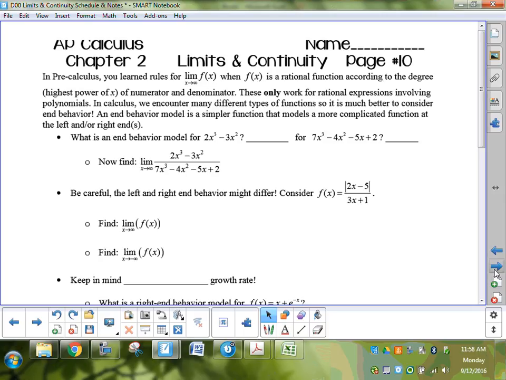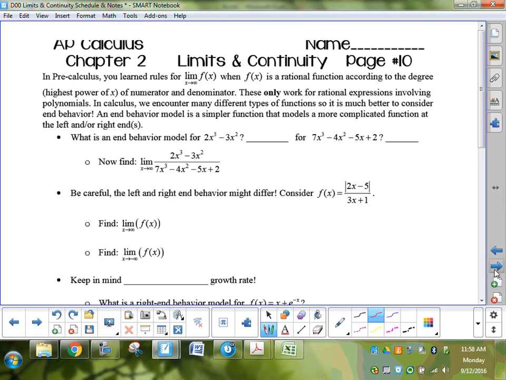Take a look at this first one here. In pre-calculus you learned the rules for limits going out to infinity, where f of x is a rational function, according to the degree or highest power of the numerator and denominator. That's the comparison test. These only work for rational expressions involving polynomials. That's the problem with them, and that's why last year I didn't go through and show them to people. These only work for polys.